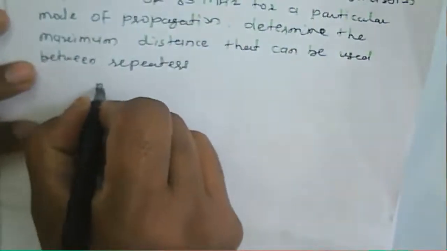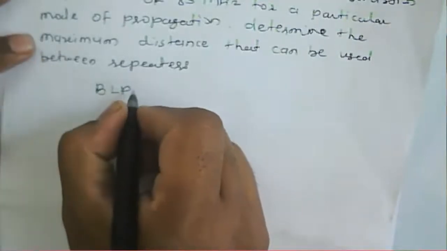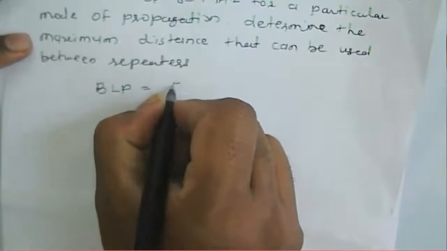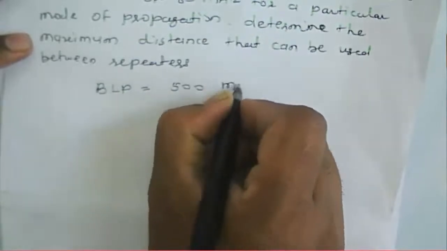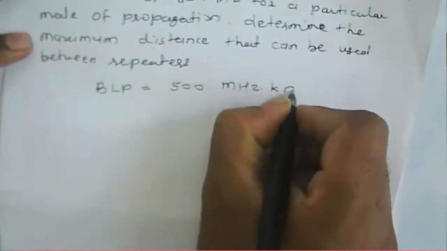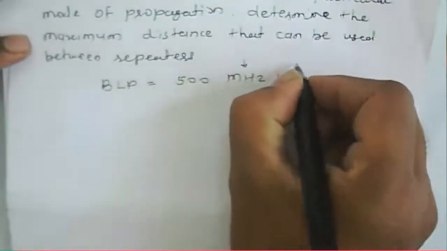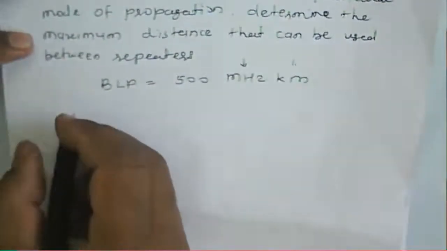So the bandwidth length product, that will be 500 megahertz into kilometer. This one is the bandwidth and this one is for the length.